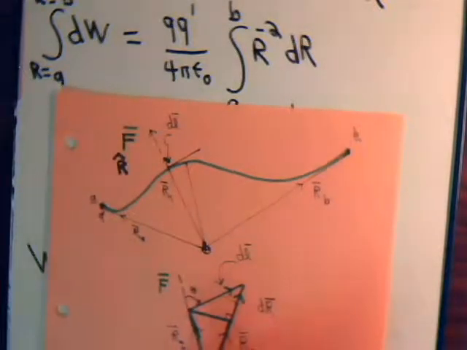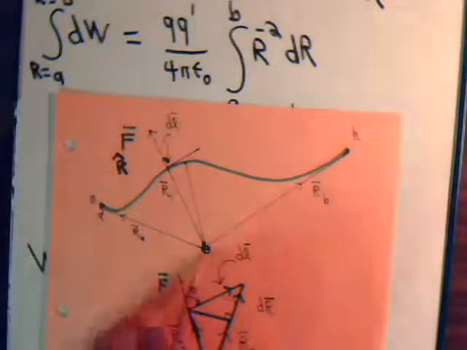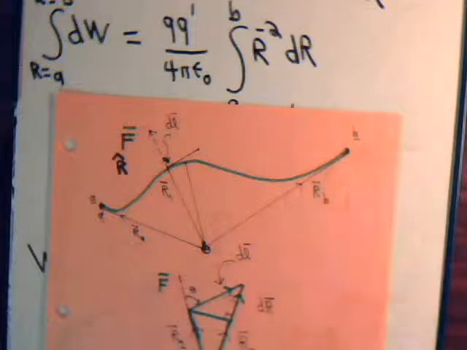So it depends only upon the amount of work that is performed going from here to here, only depends on this and this. The path that it takes is irrelevant.